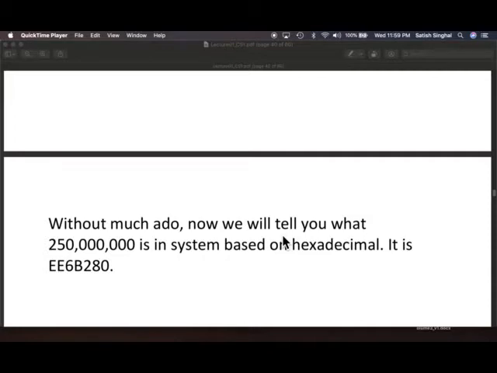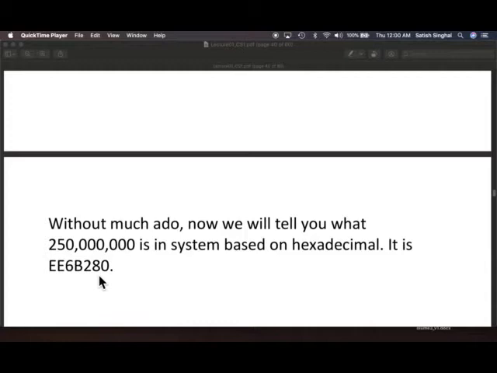So without much ado, now we will tell you what 250 million is in the system based on hexadecimal. It's simply EE6B280. Already you can see what a huge reduction in the number of digits has happened. Here it was 9, here it is 1, 2, 3, 4, 5, 6, 7. We got a 2-digit reduction.